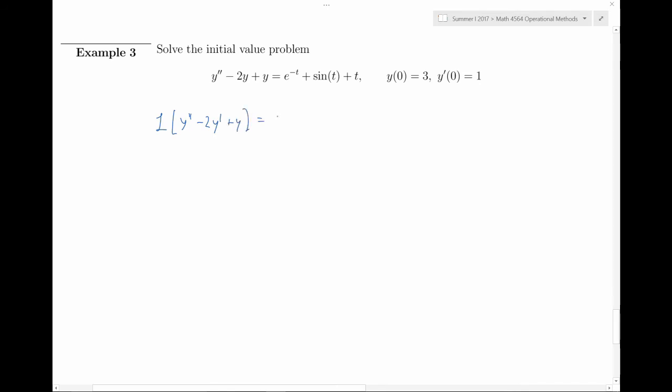And that is s squared capital Y of s minus s times y of 0, which is 3, minus y prime of 0, which is 1, minus 2 multiplied by (s Y of s minus y of 0) plus the Laplace transform of y.